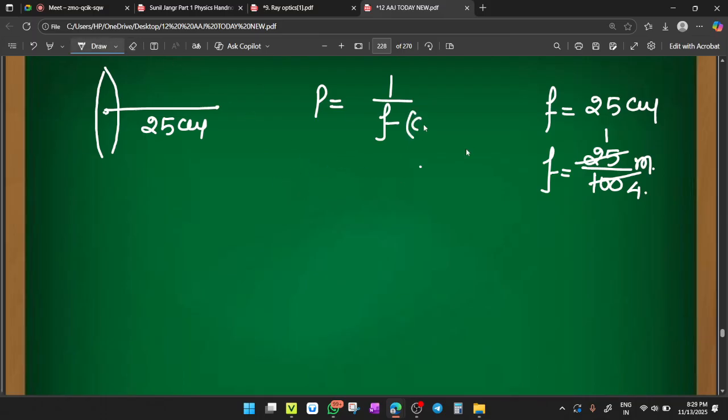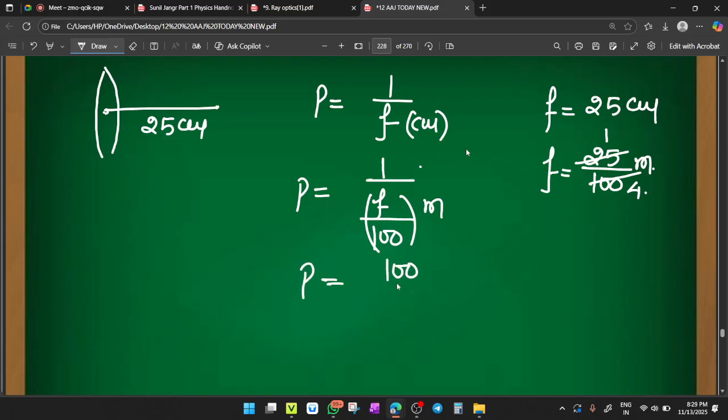Whenever f is given in centimeters, first you have to convert it to meter. So it will become 1 upon f divided by 100 meter, because 1 centimeter equals 1 by 100 meter. So power is equal to 100 upon f in centimeter, and this becomes diopter.